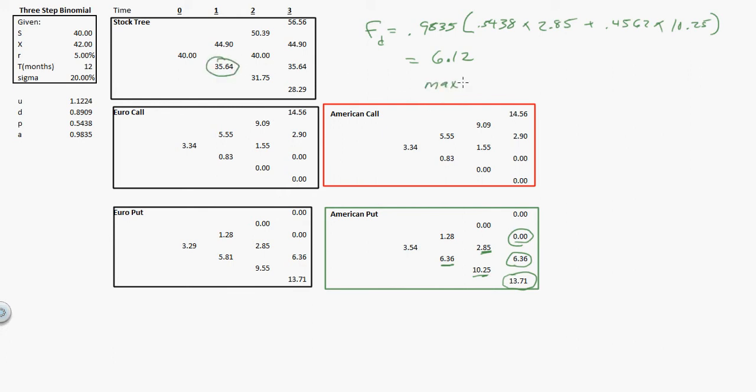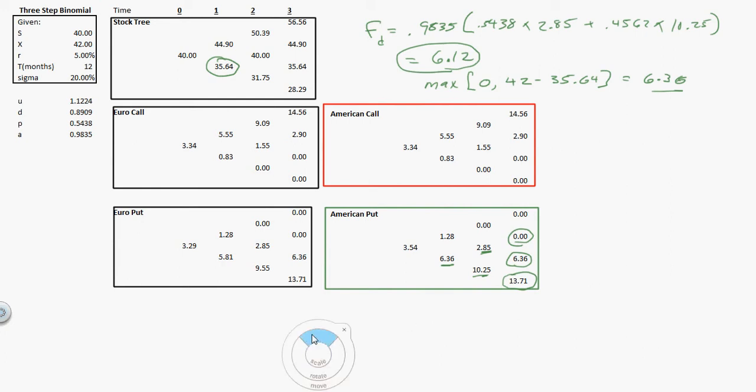So the payoff to the put is the max of 0 and the strike 42 minus 35.64, which is equal to 6.36. So you can play the game, keep it alive, and it's worth $6.12, or you can exercise now, stop the game, and it's worth 6.36. So you will exercise, and it's worth 6.36.